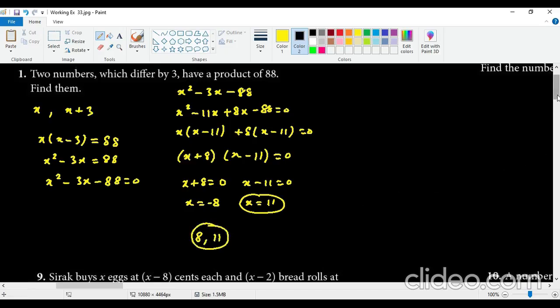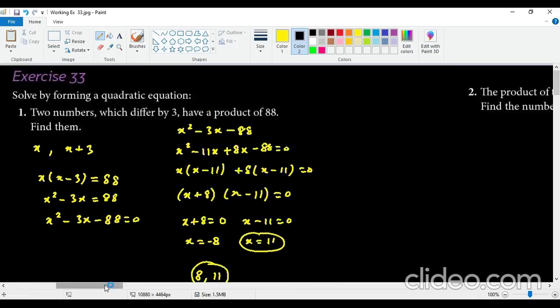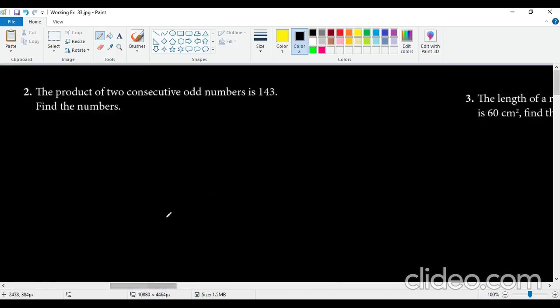Now moving on to question number 2. It says the product of two consecutive numbers. So that means one number is x and the other number is x plus 2. When we multiply them together, it gives us 143. That means x multiplied by x plus 2 gives us 143.